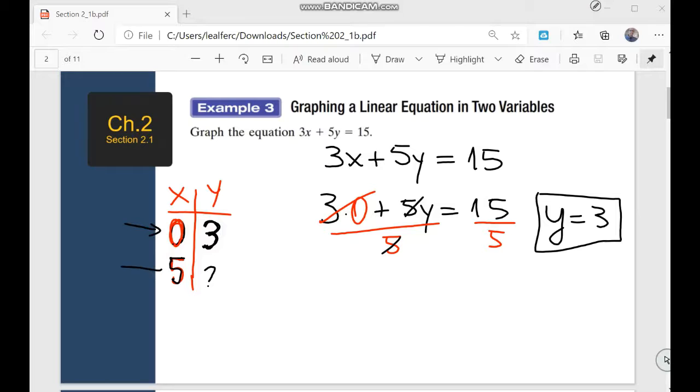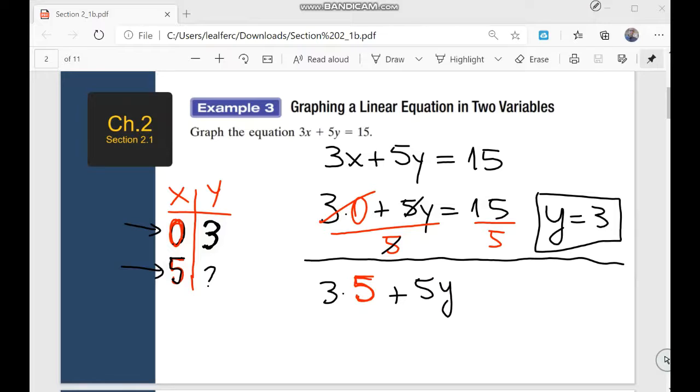The second point, now we're going to plug in x equals 5. Let me do this here. 3 times 5 plus 5y equals 15. 3 times 5 is 15, plus 5y equals 15.